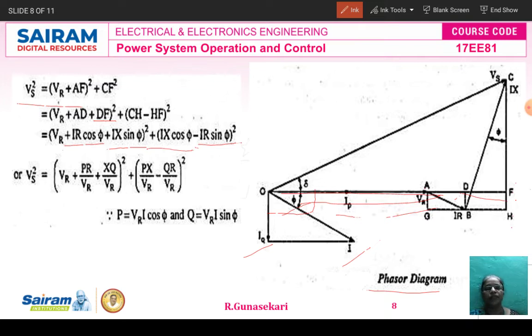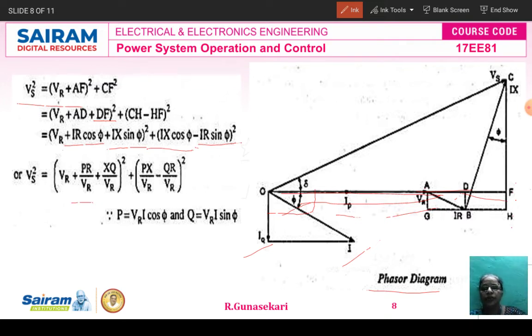Finally we get the formula for Vs squared. AD is IR cos phi, DF is IX sin phi, CH is IX cos phi, and HF is IR sin phi. So Vs squared is equal to VR plus PR divided by VR.